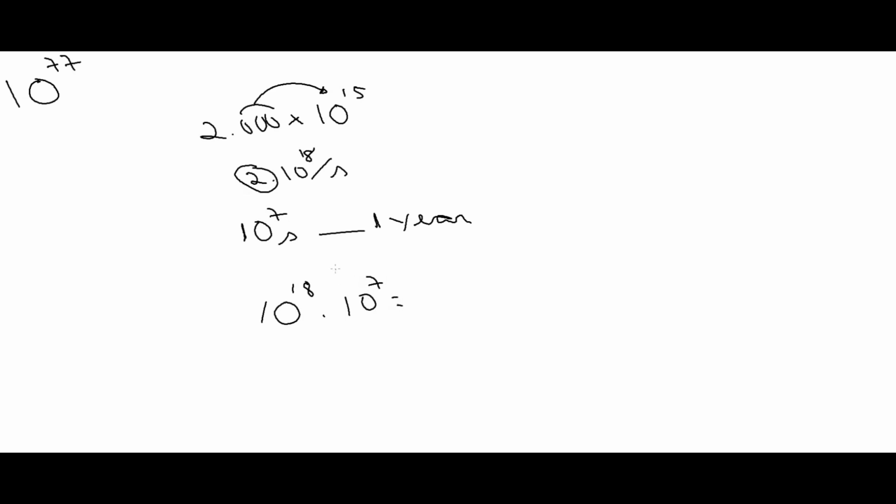We just need to sum the exponents. It's going to give us 10 up to 25. That's the complexity of the fastest computer in 1 year.